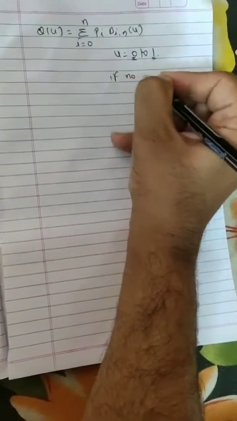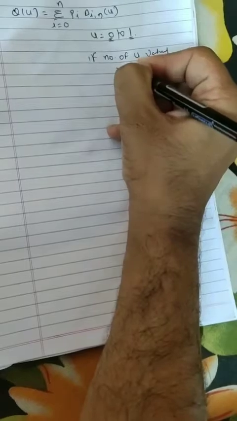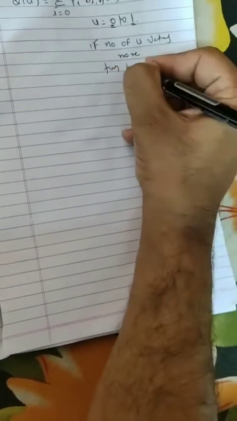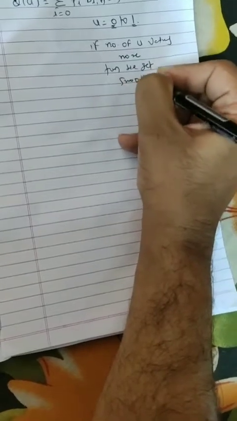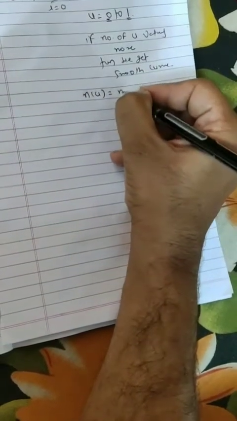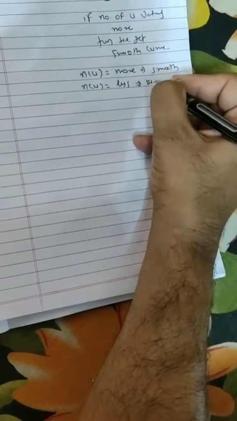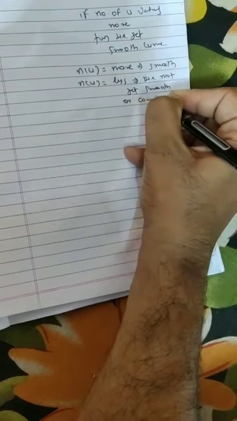If the number of u values is more, then we get a smooth curve. If n of u, the total number of u values, is less, then we do not get a smooth or correct curve.